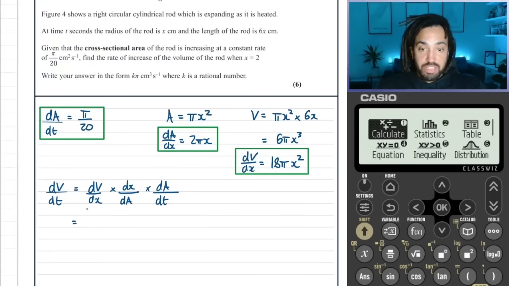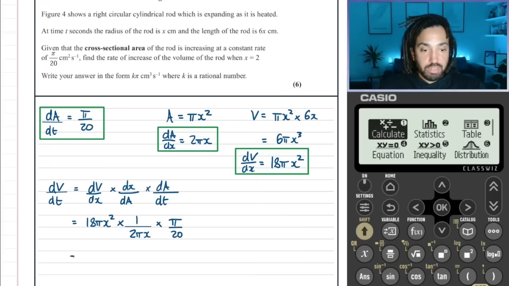So dV by dx is 18 pi x squared. Now remember, this one is the reciprocal of dA by dx, so it's going to be 1 over 2 pi x. And then we're going to be timesing by dA by dt, which is pi over 20, like so. Okay, great.